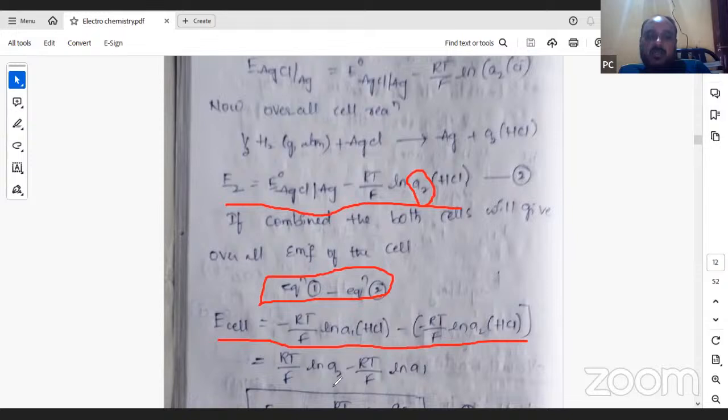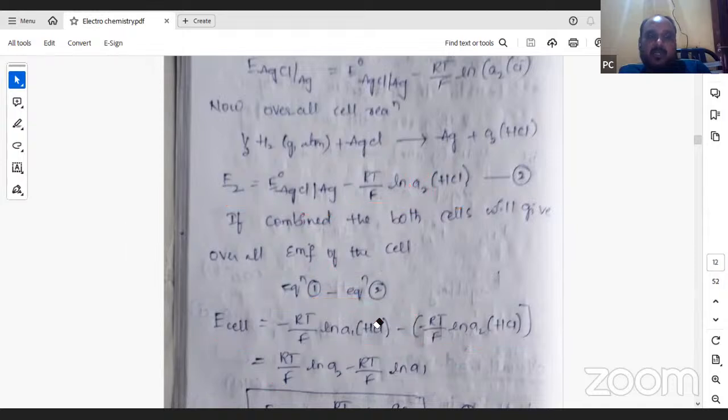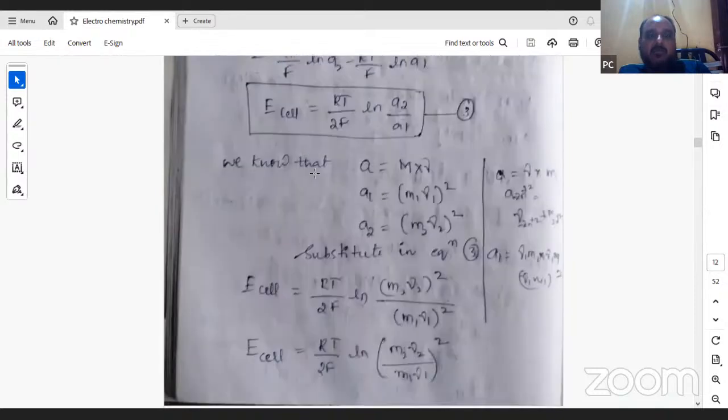This simplifies to RT by F ln A2 minus RT by F ln A1, because minus into minus becomes plus. We write A2 first and then A1, using ln A minus ln B as ln A by B. Therefore, E cell is equal to RT by 2F ln A2 by A1.